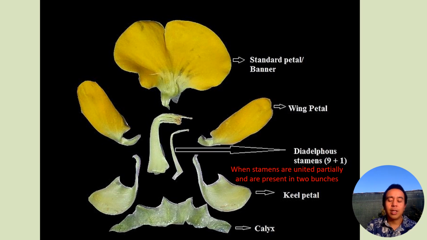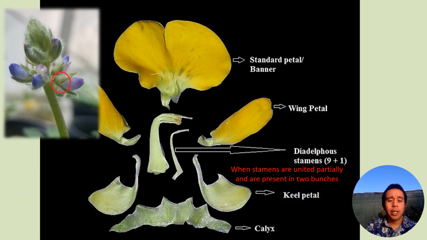And there's the definition of diadelphous stamens. And then here I have circled an example of what I mean with the calyx. Circled there is the calyx of that flower, and it's a fused sepal around the flower.